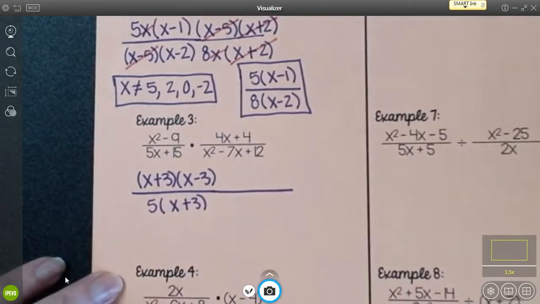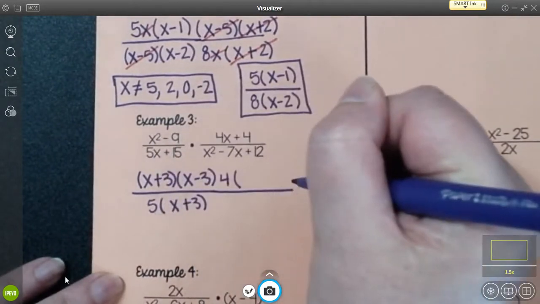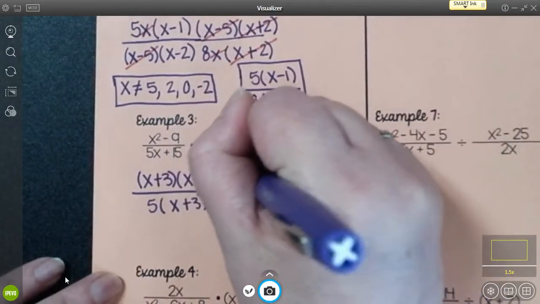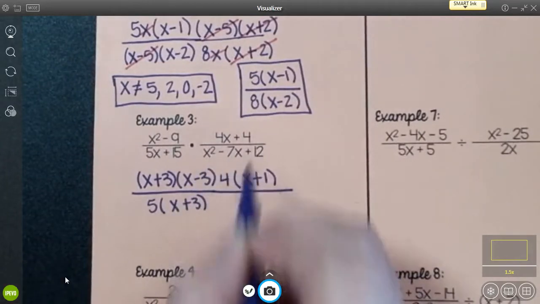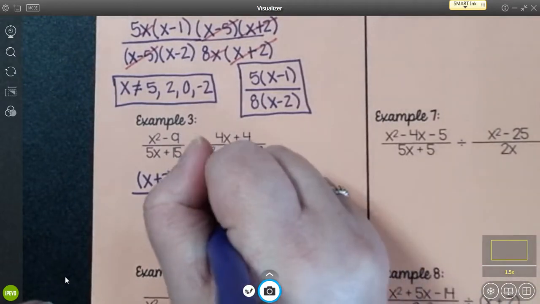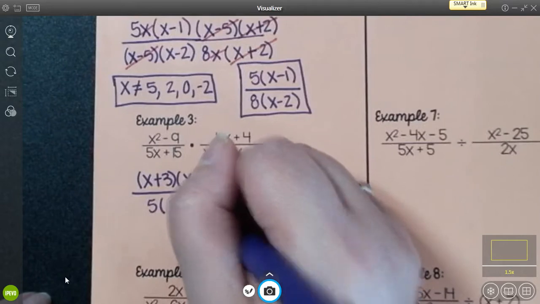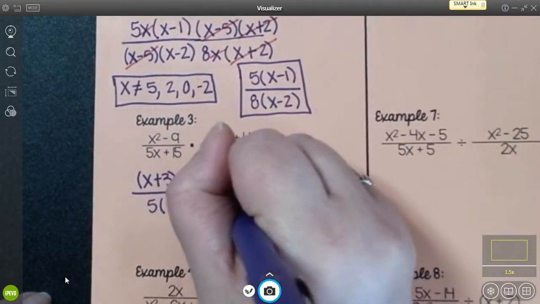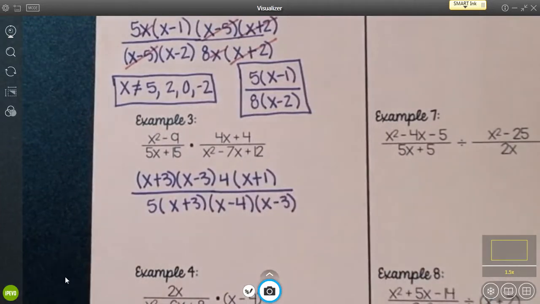4x plus 4. Factor out of 4, left with x plus 1. X squared minus 7x plus 12. Both negatives, yep. X minus 4, x minus 3. Again, if you want to say x minus 3 first and then your x minus 4, that's fine.